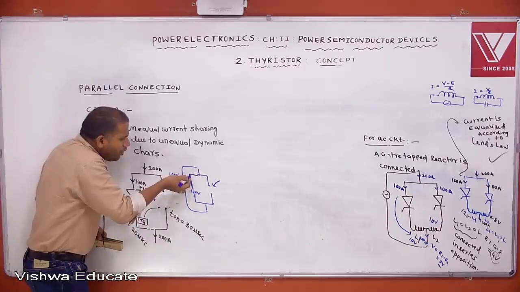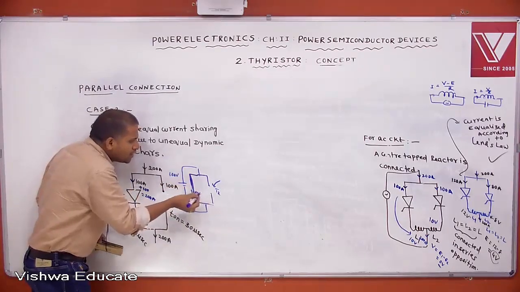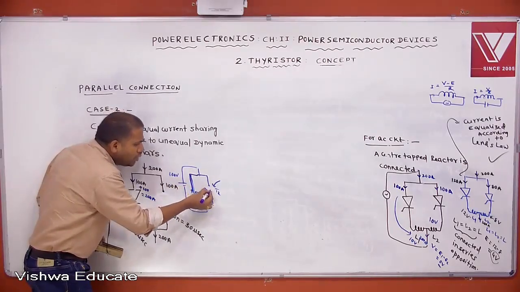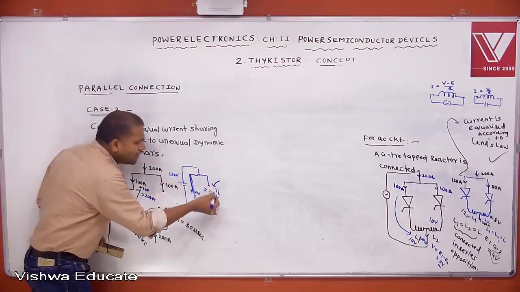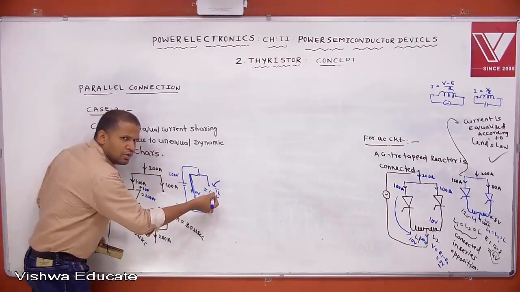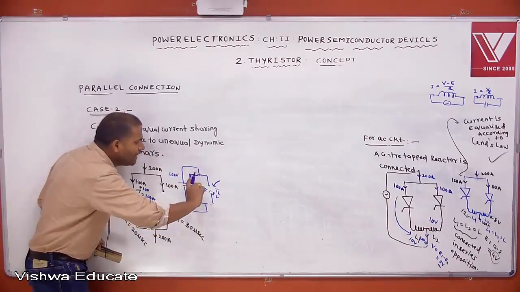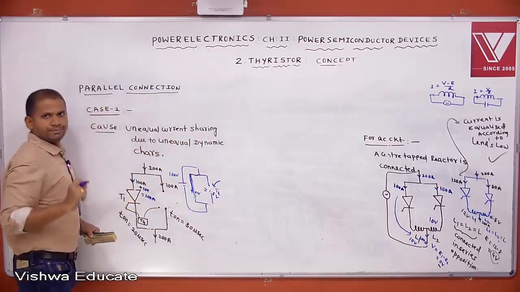But once T1 is on, the voltage across T2 is the voltage across T1. Once the SCR is conducting, it is nearly 1.5 to 2 volts. Then even though a triggering pulse is given to T2, T2 will not turn on, because once T1 is on, the voltage across T2 is less than the latching voltage.